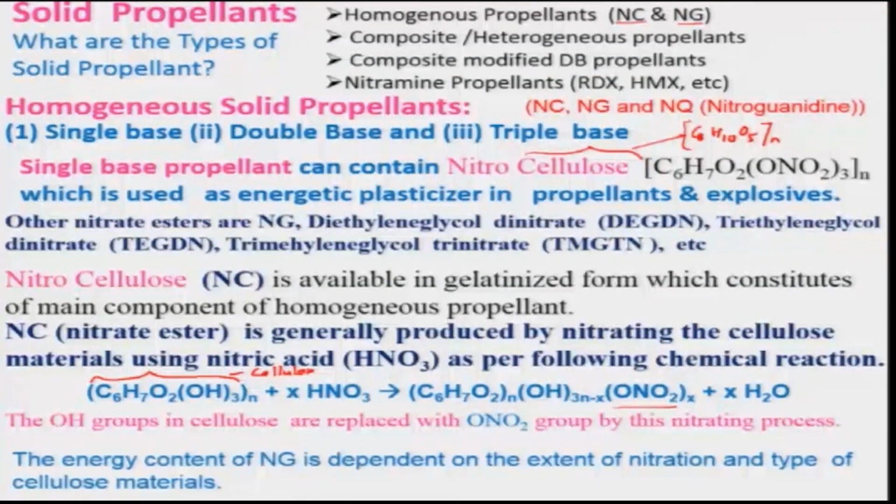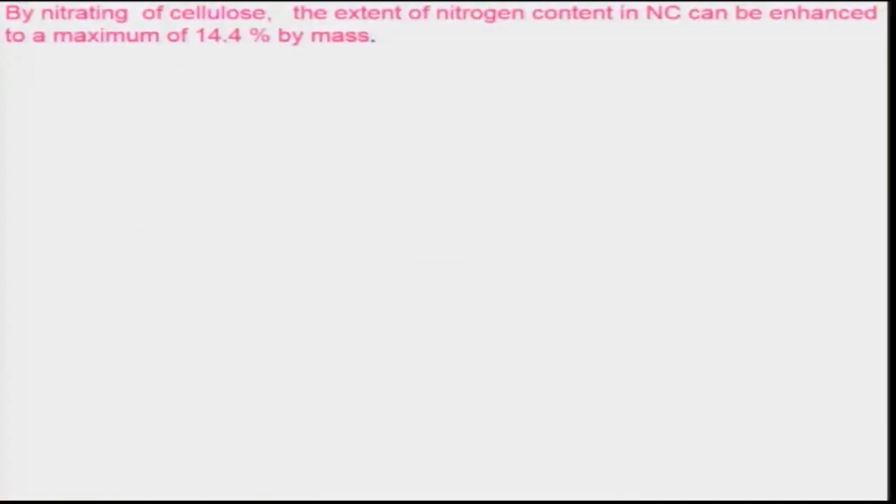And the energy content of nitrocellulose is dependent on the extent of nitration and the type of cellulose material. By nitrating cellulose, the nitrogen content in the nitrocellulose can be enhanced to a maximum of 14.4 percent by mass. However, it is not used very much.